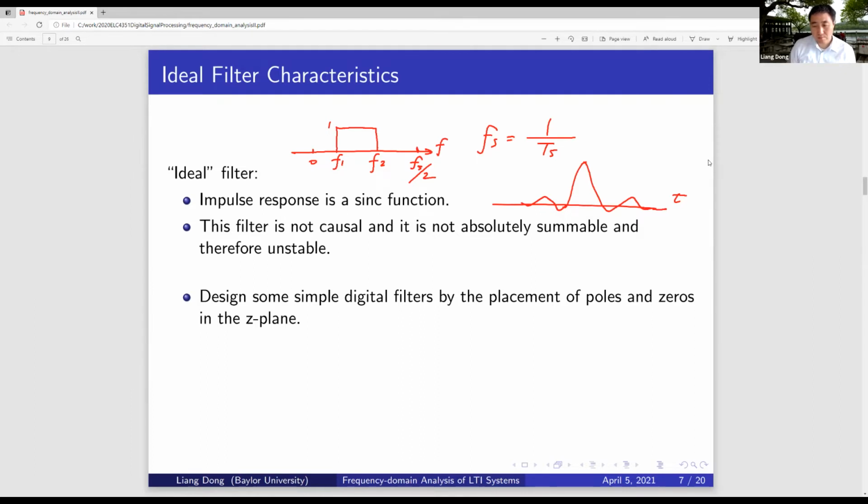The zero means that around this Z value, the output will be removed because the system is close to zero. If it is around a pole in the Z domain, then we know the output will be emphasized, will be amplified. So that gives us a hint. Maybe I can use that to deal with the filter.